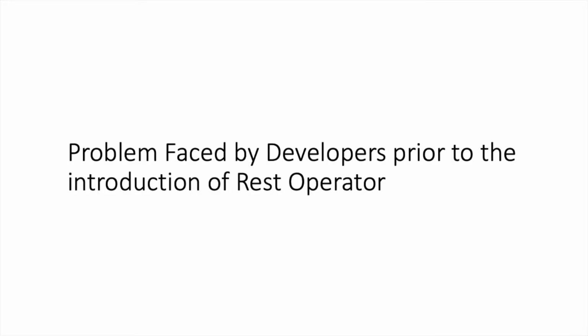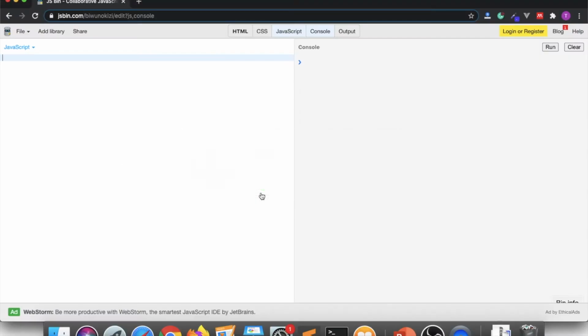Let's look at the problem that was faced by developers prior to the introduction of the REST operator. Let's create a function sum that takes two arguments. This function returns the sum of arg1 and arg2.